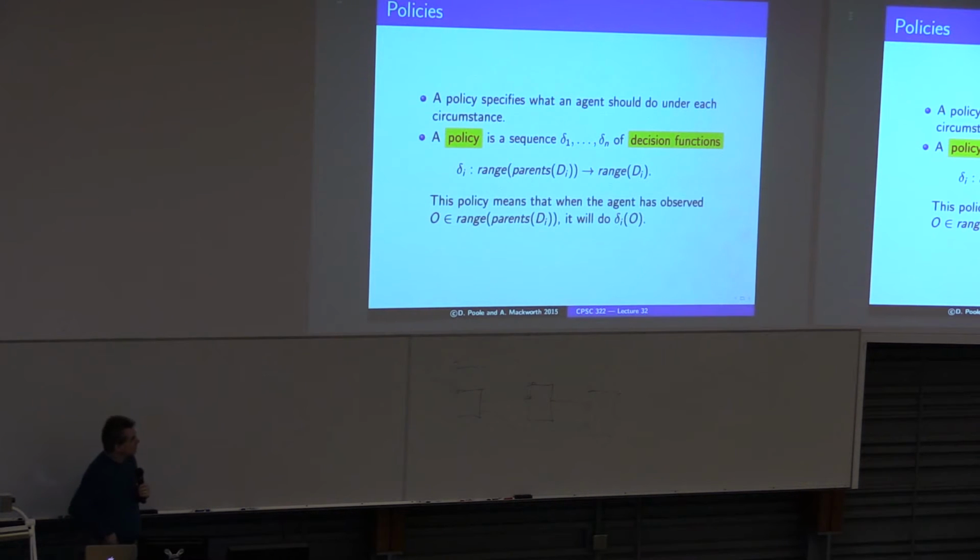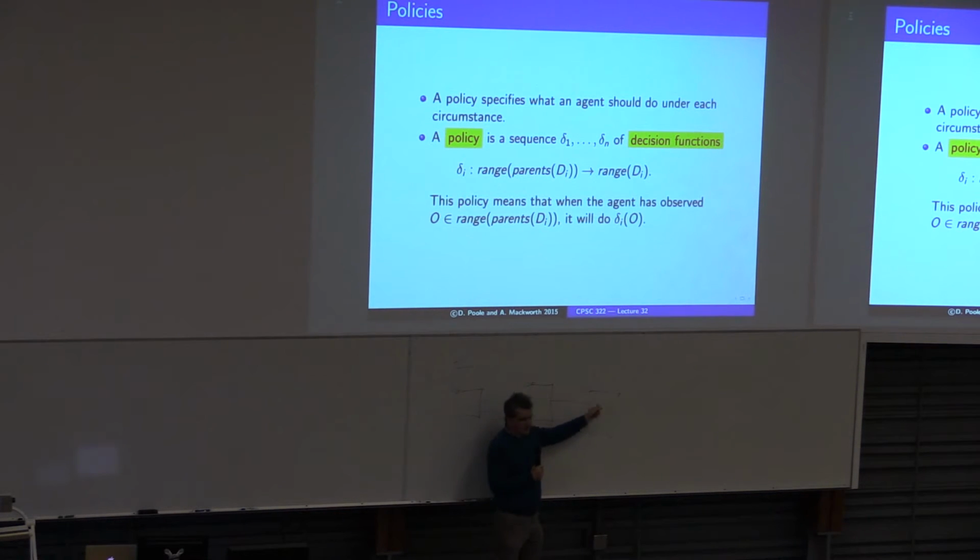And so what we're going to do is to denote this notion of a policy. A policy specifies what an agent should do under each circumstance. So a policy is a sequence of decision functions, a decision function for every decision variable, and it's a function from the parents of this decision node into what I should do at this decision node.